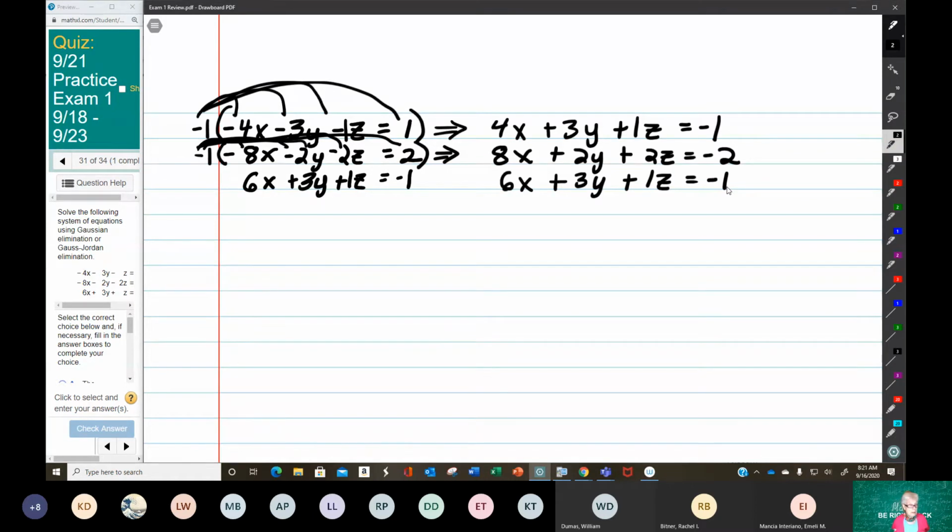So -4, -3, -1 becomes +4, +3, +1. We'll have +8, +2, +2, and 6, 3, and +1, just looking in the coefficient matrix here. And then these two numbers become the opposite signs.